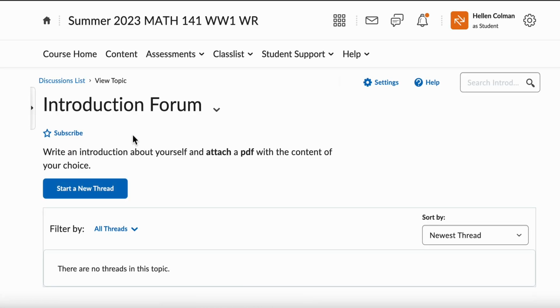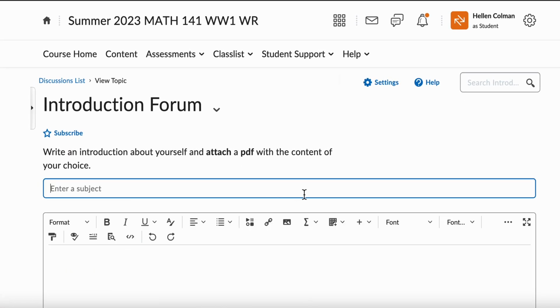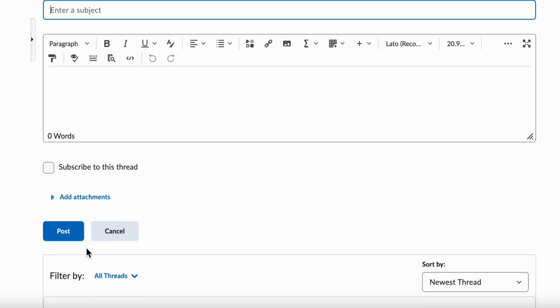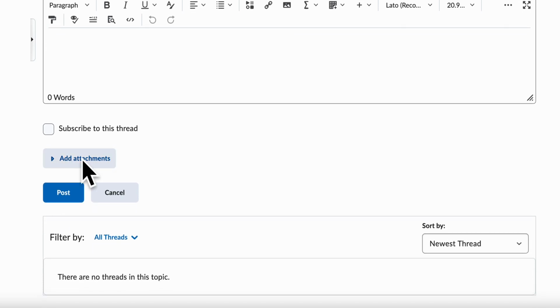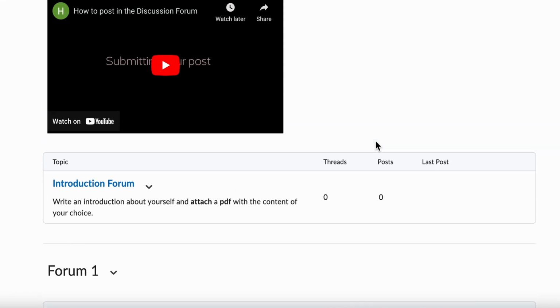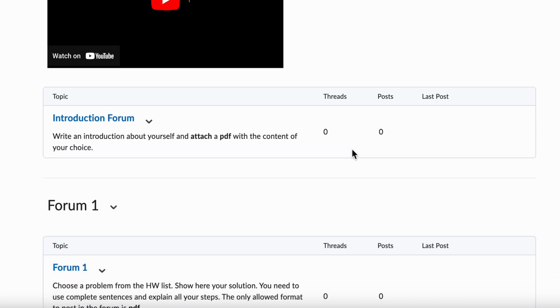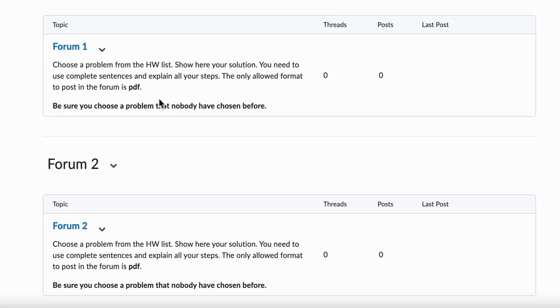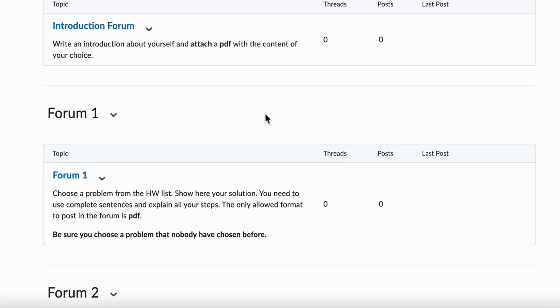You click here, start a new thread, you put your subject, you put your content, and you add as an attachment the PDF of your post. So this is the first one, the introduction forum, but then you have all the other forums in this class, since you have a forum for each unit.